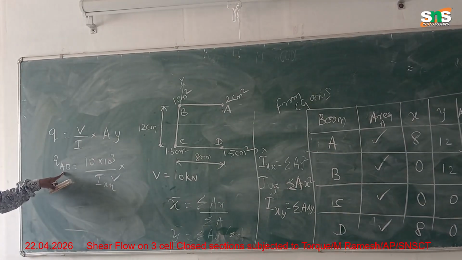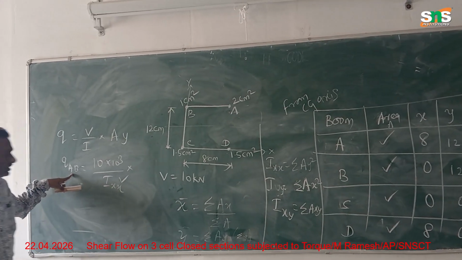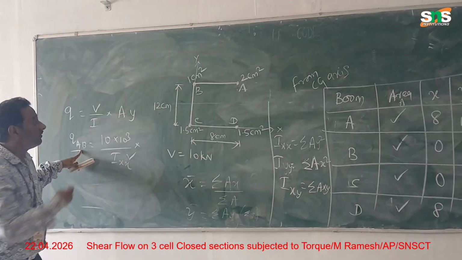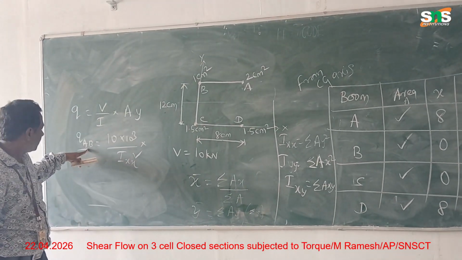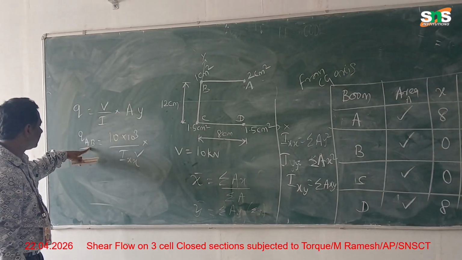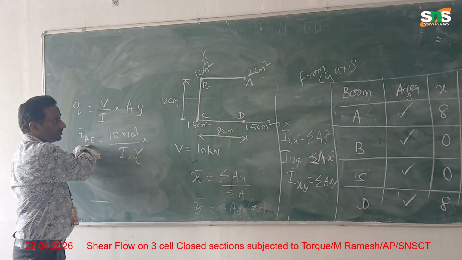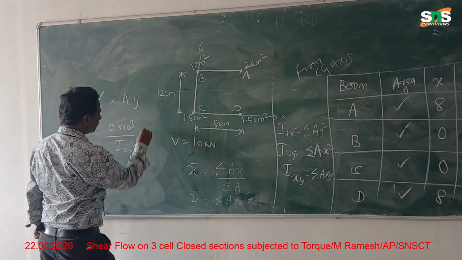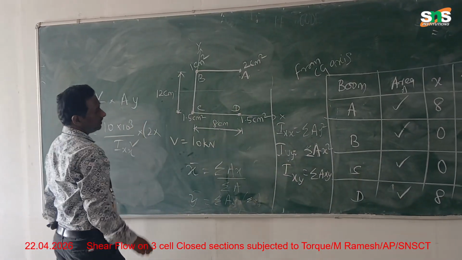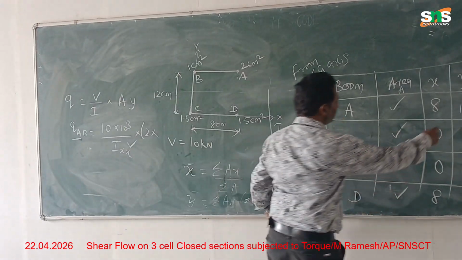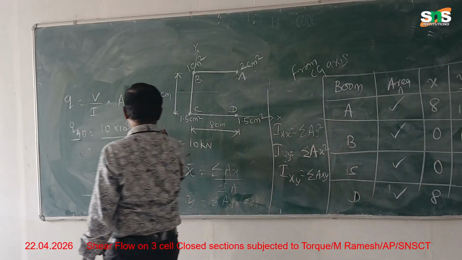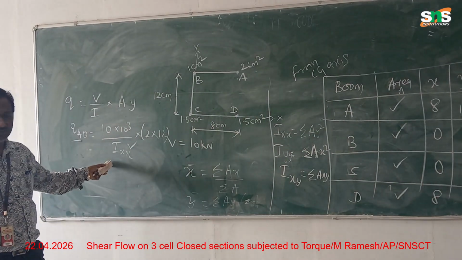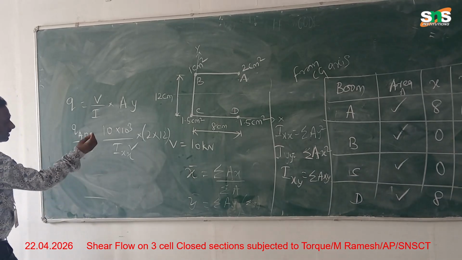Since QAB, the first letter refers to the boom we have to consider, here the point A is considered. So it is area into y. For A, what is the value of y? It is given. After finding the value, QAB can be found.